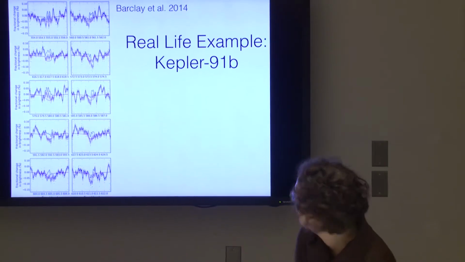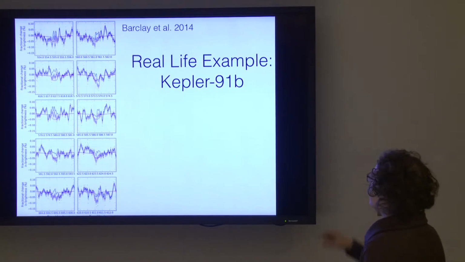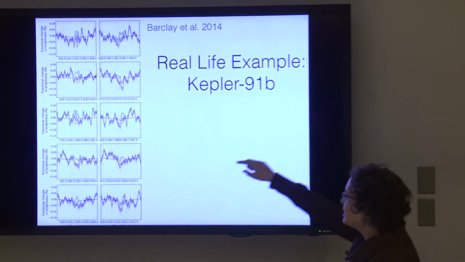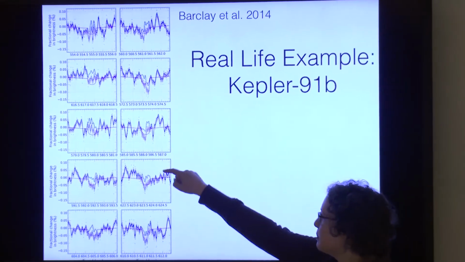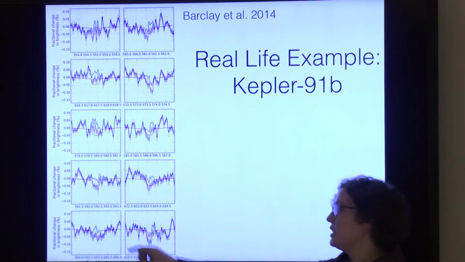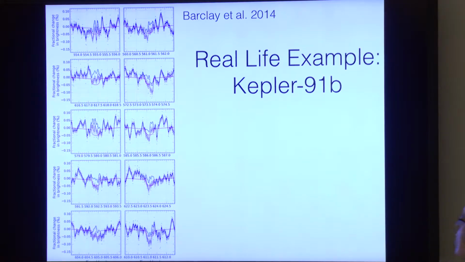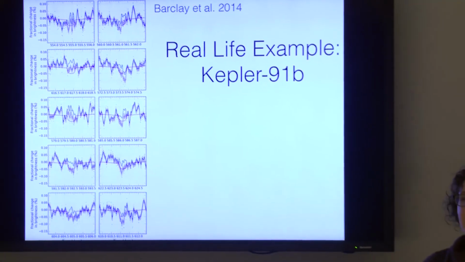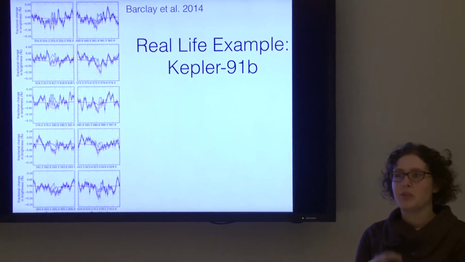So here's a real life example, Kepler 91b. So this is at transit. You can see the little dips. This is no longer a radial velocity light curve. When they didn't account for the correlated noise caused by a process on the star, they ended up getting the wrong parameters for the planet.